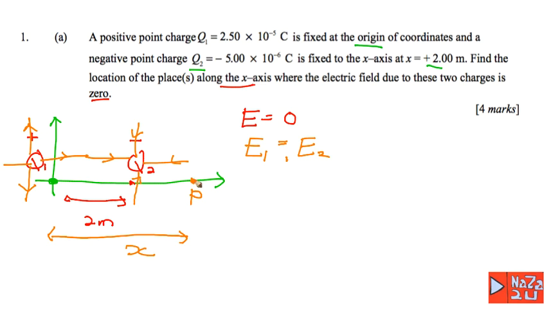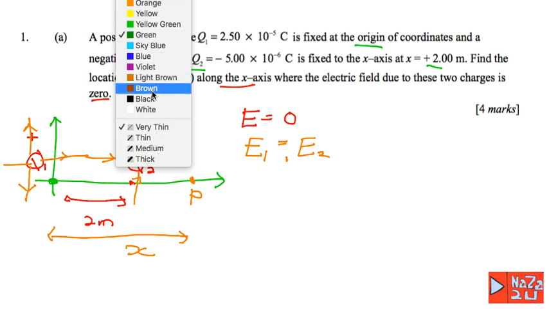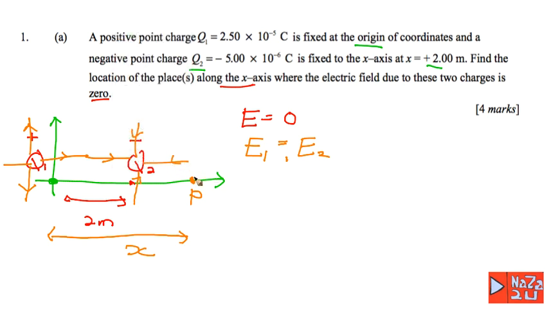So now at the point P, you have two electric fields acting on the point P. The one produced by the negative charge is E2, directed toward the negative charge, and we have another field produced by Q1, directed to the right. This is E1.